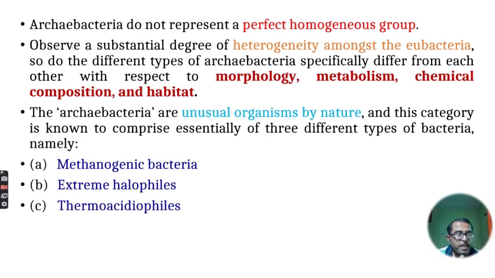Various types of bacteria are there which have various characters. And these two groups of bacteria are differentiated from one another by their morphology, by their metabolism, by their chemical composition, and by their habitat.